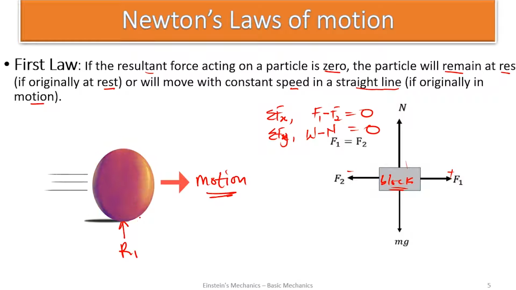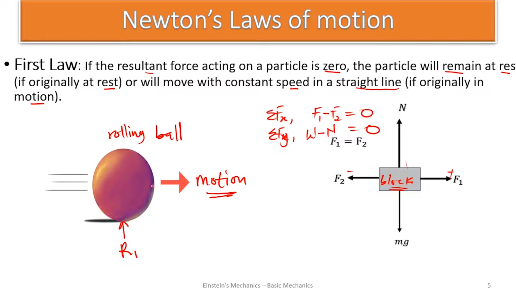And if the summation or the resultant of these forces, the overall forces acting on this rolling ball, is zero, then this ball will continue to be in motion until it is acted upon by another external force to cause a rest to the body.